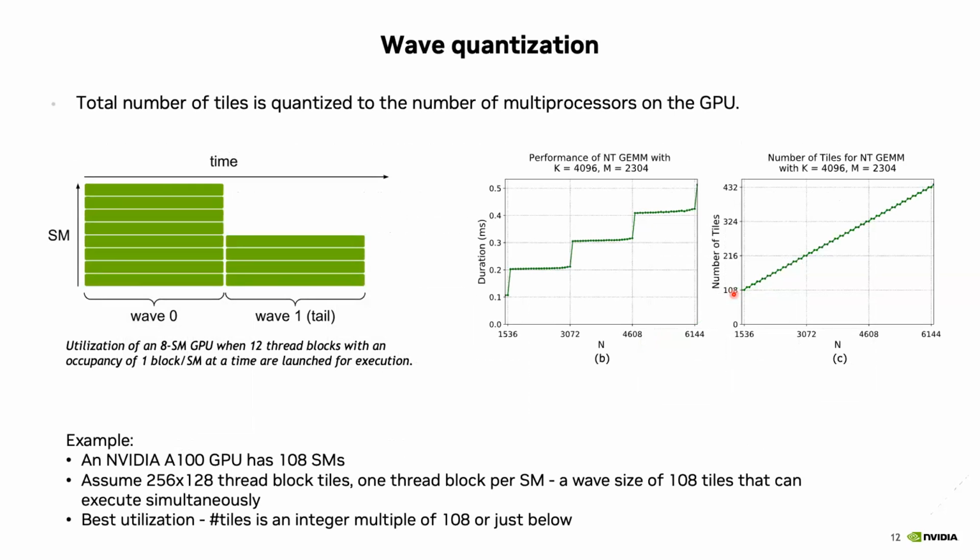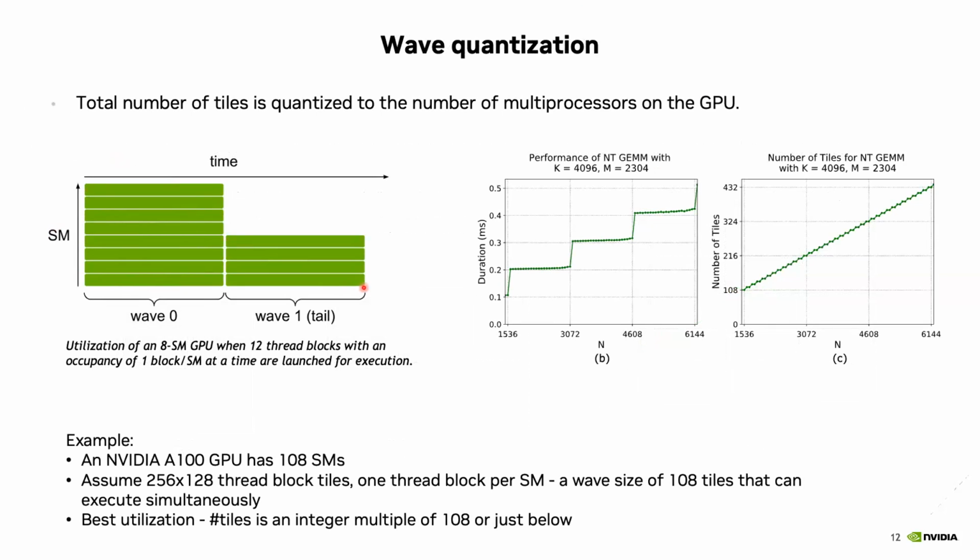Another thing is wave quantization. Once every SM has a job, of course, I don't have an unlimited number of them. So depending on the number of threads, I will run all of them up here. But if I still have work to do, I will have to create another wave. What happens is that if this wave does not fill all of the SMs, some of them will just stay idle.